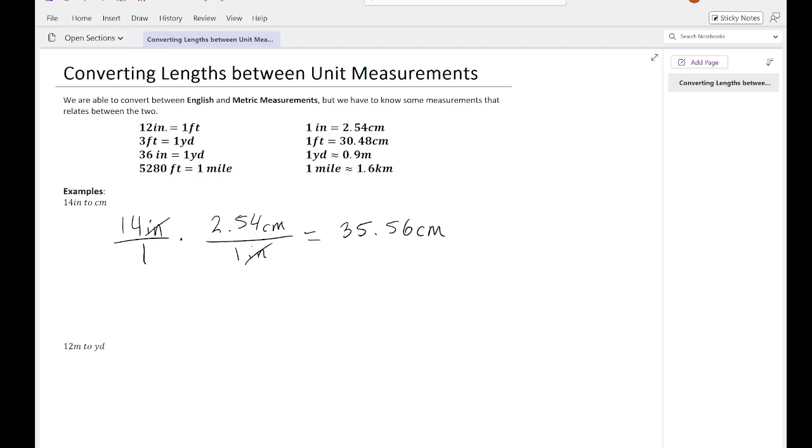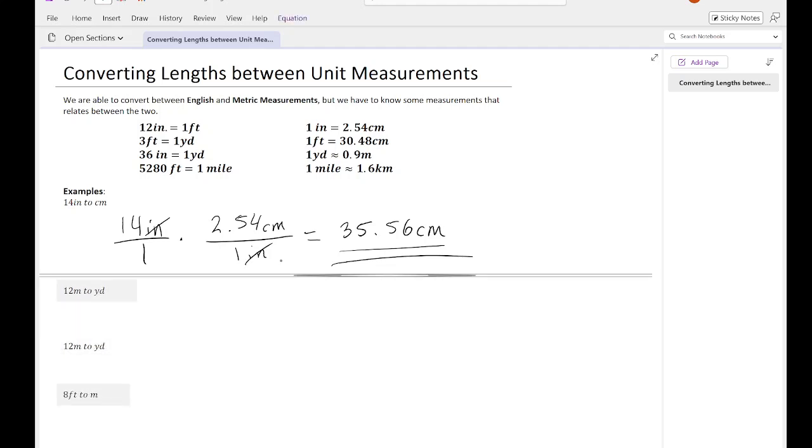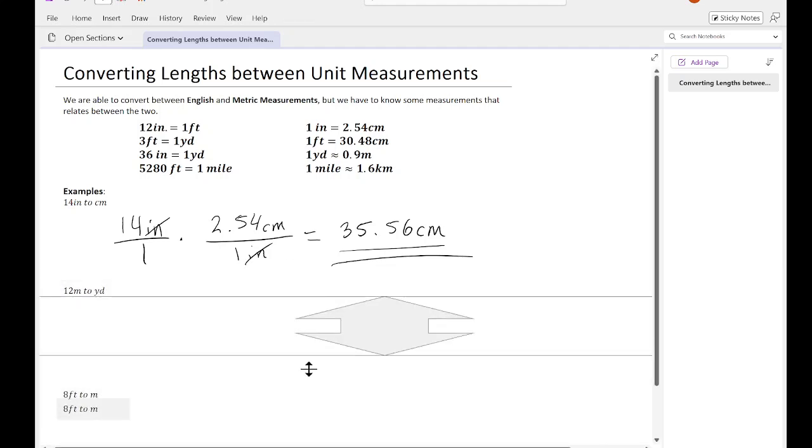And then 1 times 1 is 1, so I don't have to actually worry about the denominator. 14 inches is 35.56 centimeters. That's it. Let's do the next one.